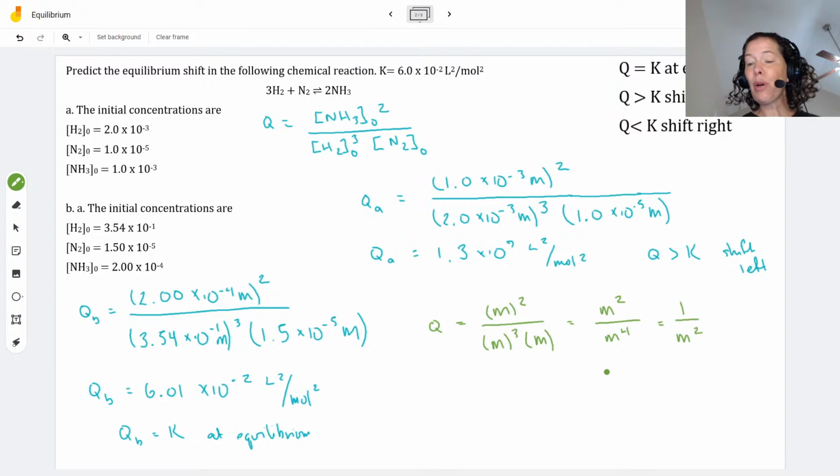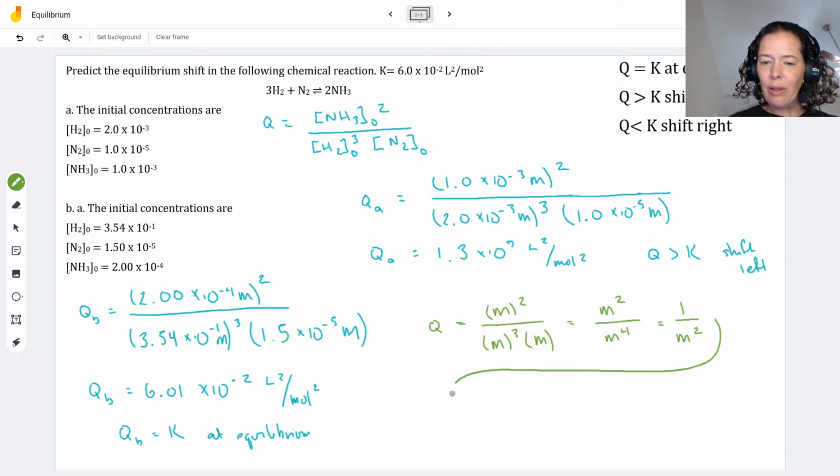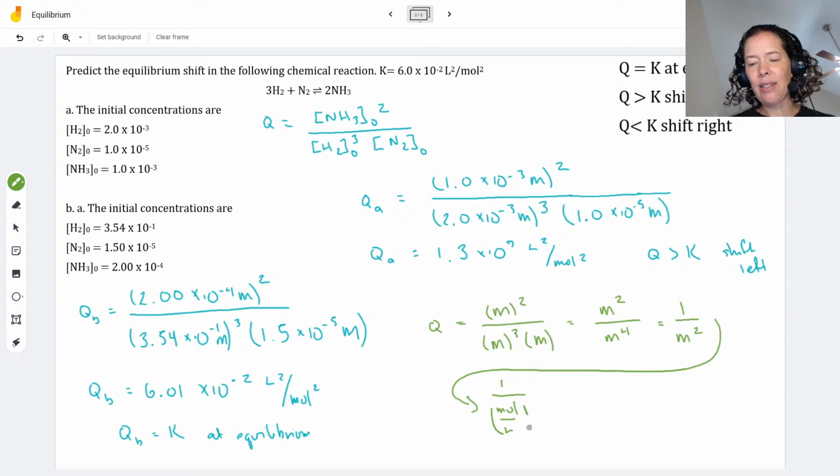Remember molarity is moles per liter, and this is squared. So if we have 1 over, it means we take the reciprocal, so that is the same thing as liters squared over moles squared, and now you can see where we get this liters squared over moles squared.